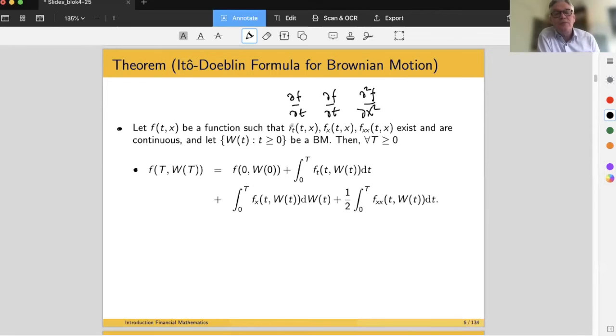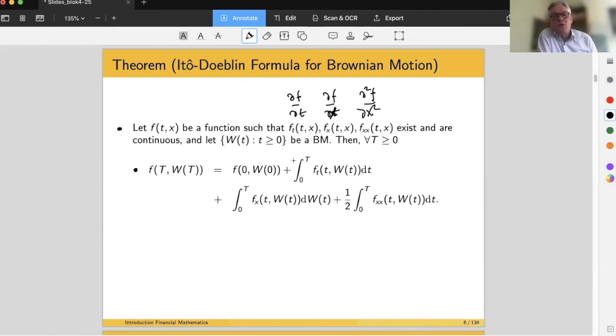So we use the subscript notation. f sub t stands for df/dt, f sub x stands for df/dx, and f subscript double x stands for the second derivative of f with respect to x. They should all exist. And furthermore, let W_t, t greater or equal to 0, be a Brownian motion.